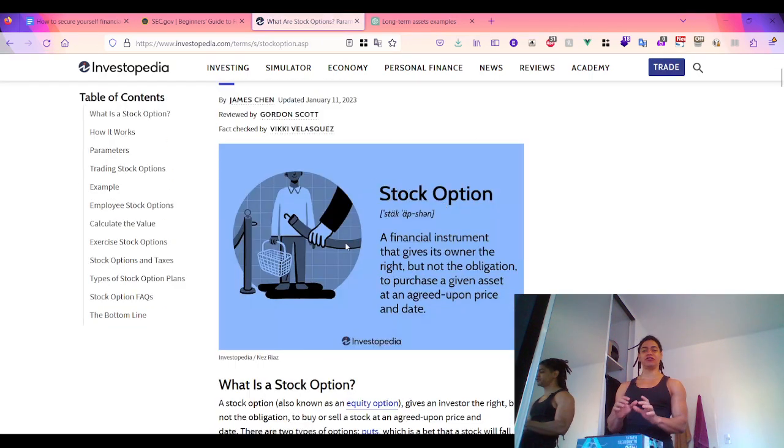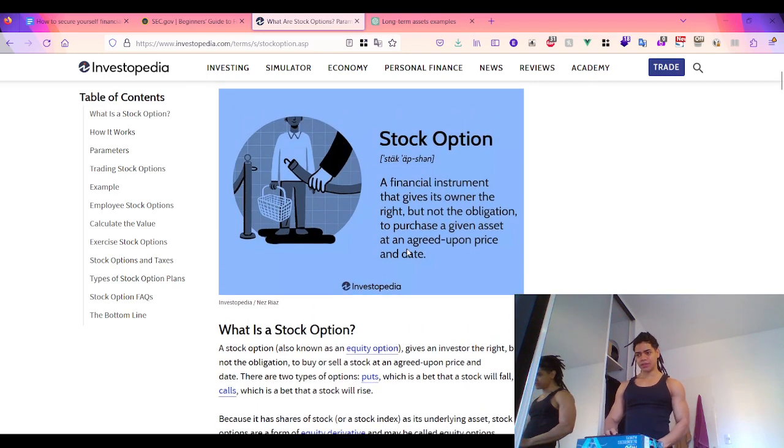Alright. So with that definition of financial instruments, which are assets that can be traded or a package of capital that can be traded, a stock option is a financial instrument that gives the owner the right but not the obligation to purchase a given asset at an agreed upon price and a date.